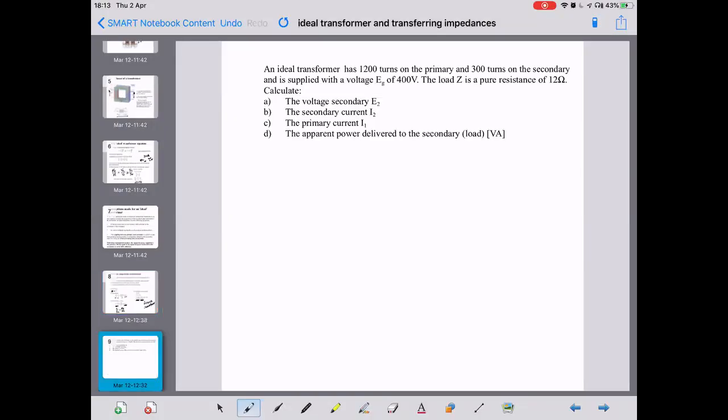Right. So, an ideal transformer has 1200 turns on the primary and 300 on the secondary. So N1 is 1200, N2 is 300. Supplied via a voltage EG of 400 volts, so V1 is 400 volts.